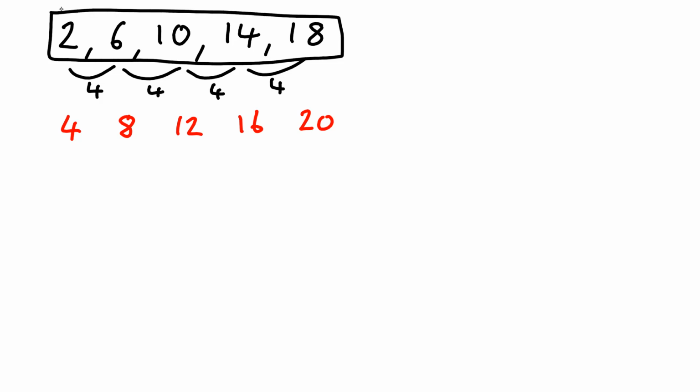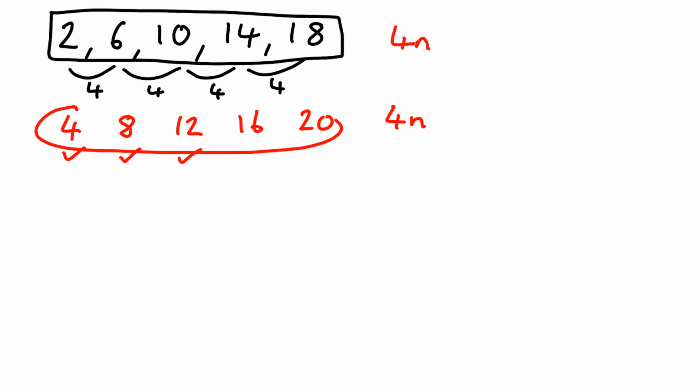So if we think about the 4 times table, the nth term of this is just 4n, where n is the term number. So 4 times 1 gives me 4, 4 times 2 gives me 8, 4 times 3 gives me 12, and so on. All I have to do to get the top sequence is do the 4 times table, which gives me these numbers, and then take away 2.